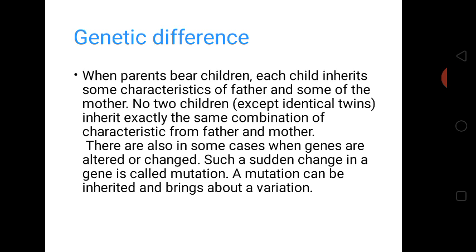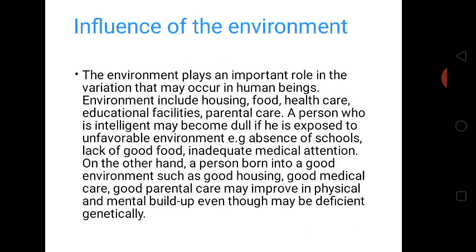No two children, except identical twins, inherit exactly the same combination of characteristics from father and mother. There are also in some cases when genes are altered or changed. Such a sudden change in a gene is called mutation. A mutation can be inherited and brings about a variation.